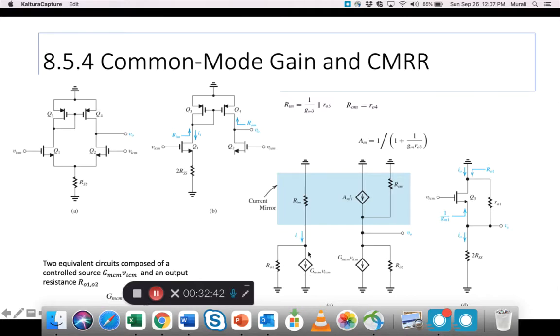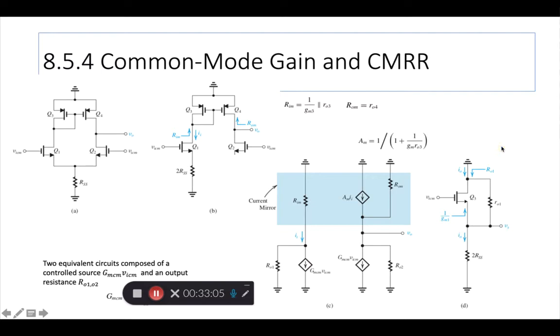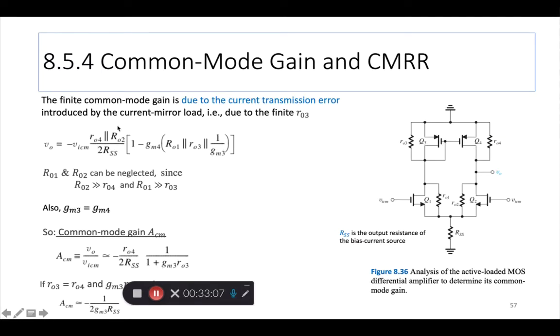It is the output resistances as shown in the small signal models of the two differential transistors Q1 and Q2. So there's an RO1 and an RO2. So all these values enter the formula.